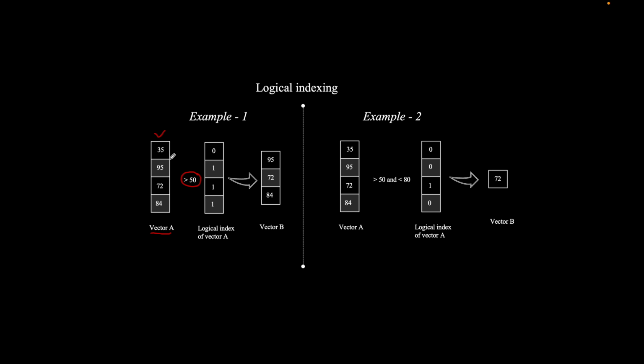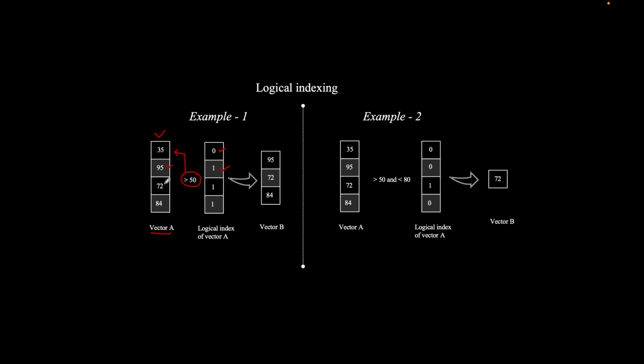If you compare 50 with this entire vector A, the comparison happens element-wise. So 35 is first compared with 50, and as you know, this is false, so this will be 0 because 35 is not greater than 50. Next is 95. 95 is greater than 50, so it is 1.